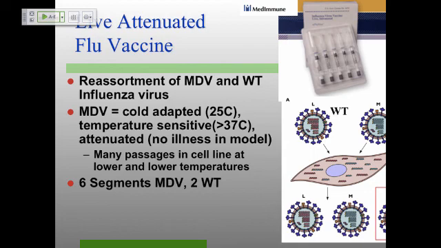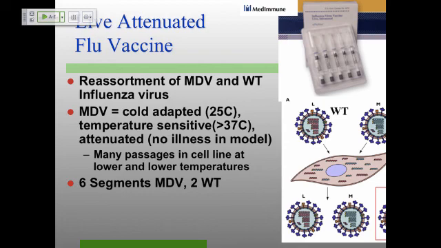Here, basically, what's done is you do this reassortment on purpose. And that process where you take these two viruses, you infect one particular cell with it, and then you get a reassortment of, in this case, a cold-adapted virus with the wild type, which is the normally adapted virus. And then you go through and pick and choose which of these you actually want to use.